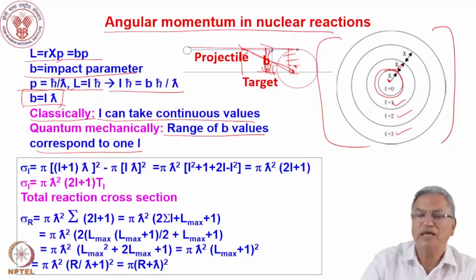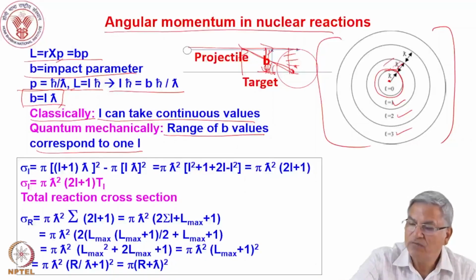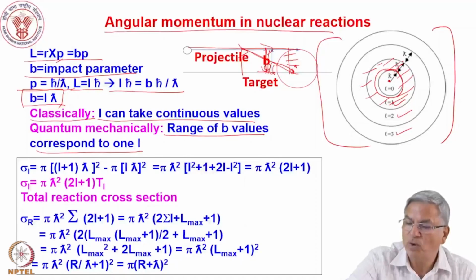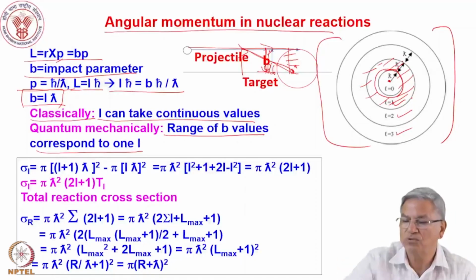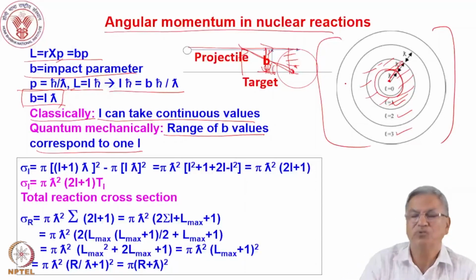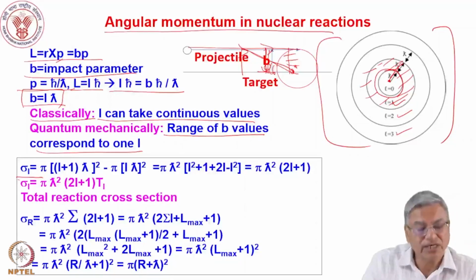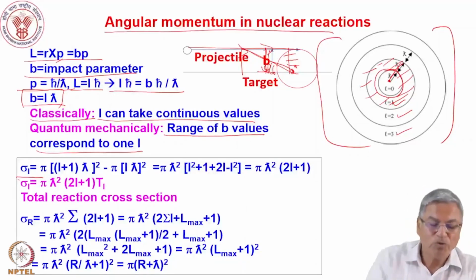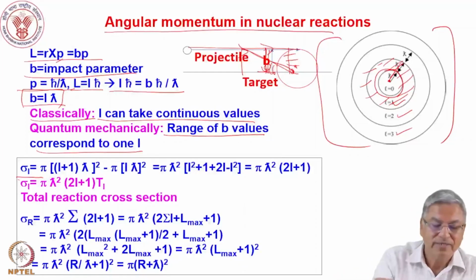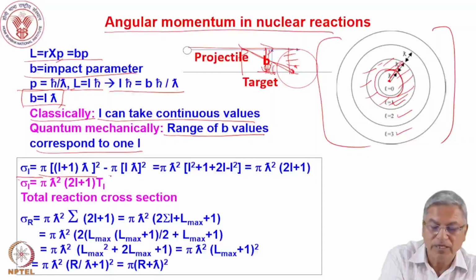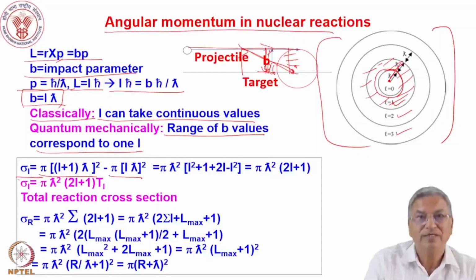So let us now try to calculate the cross section for a particular L value. It is like the area of an annulus. From L equal to 0 to L equal to 1, that is 0 lambda to 1 lambda to 2 lambda. So this is what I try to calculate here, the angular momentum dependent cross section sigma L. For a particular concentric ring, sigma L will be the area of the outer circle minus the area of the inner circle.